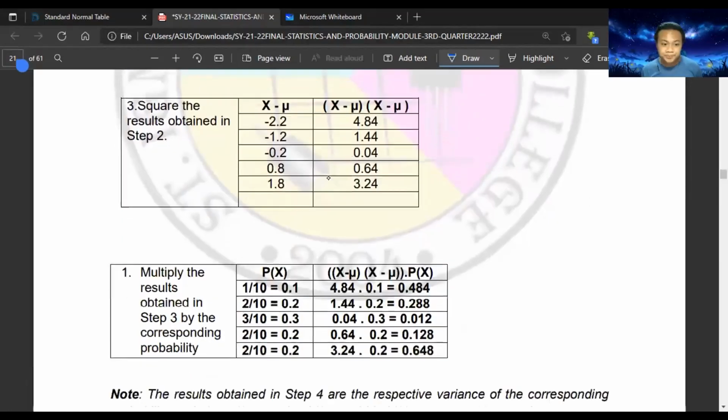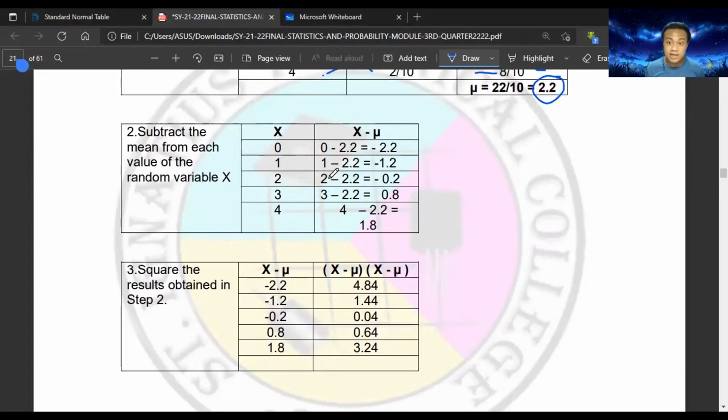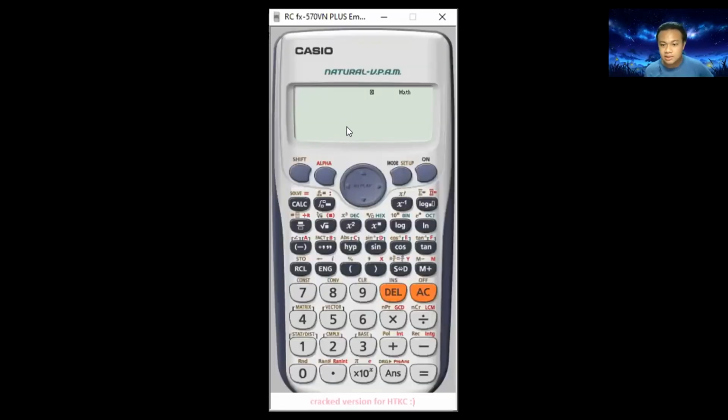Next is that these values that you've got from the previous step, you will square. Okay? So when you put it in the calculator, it's 2.2, then square it. Let me share my calculator.